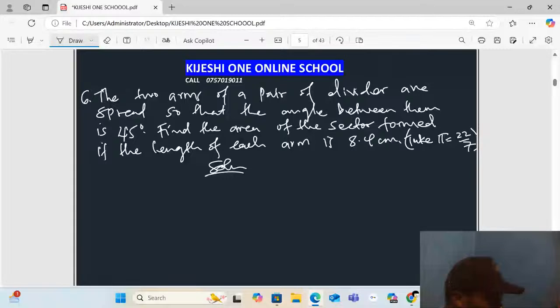We have area as theta over 360 pi r squared. So let me sketch it.